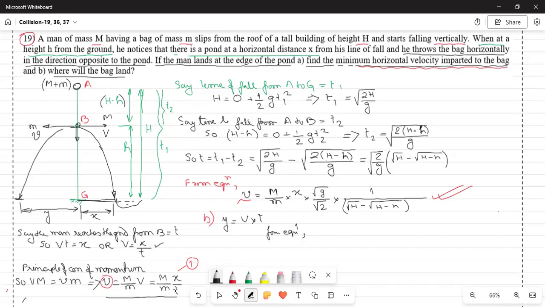So y is equal to small v into t, which is equal to capital M by small m into x. So this is the answer to the second part.